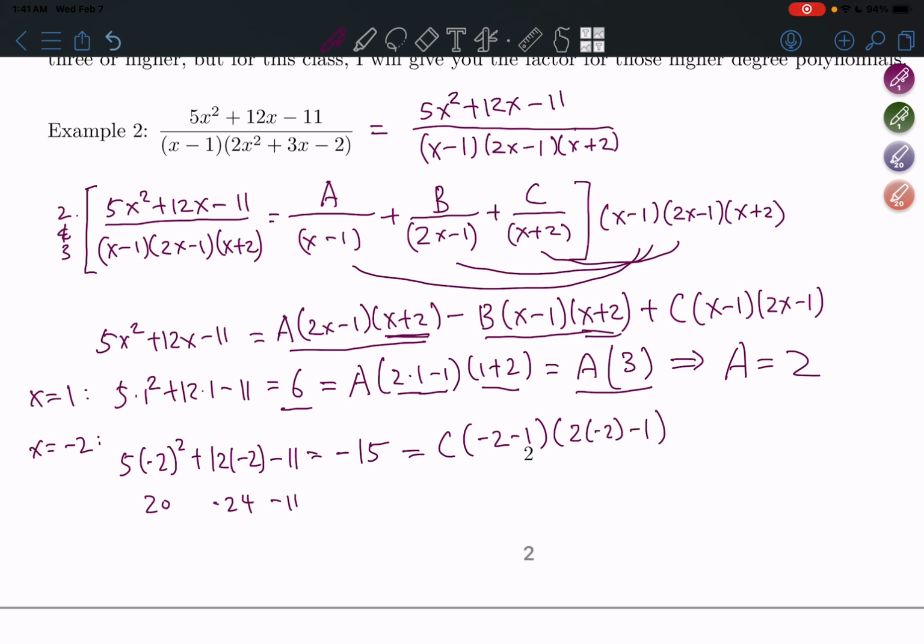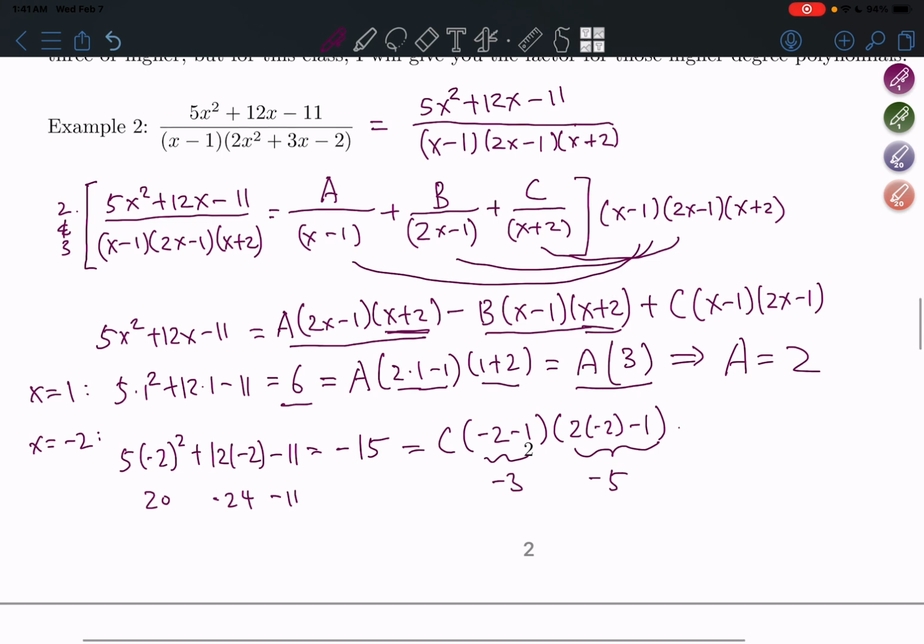Negative 2 minus 1 is negative 3, and 2 times negative 2 is negative 4, minus 1 is negative 5. 3 times 5 is 15, so c is equal to negative 1, because negative 15 equals 15c.